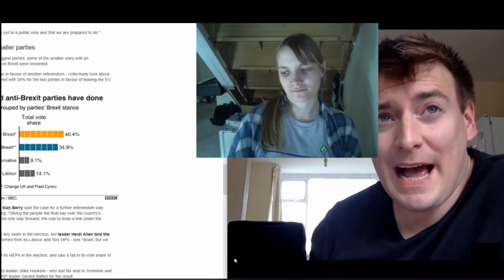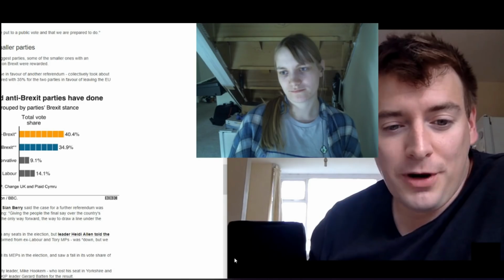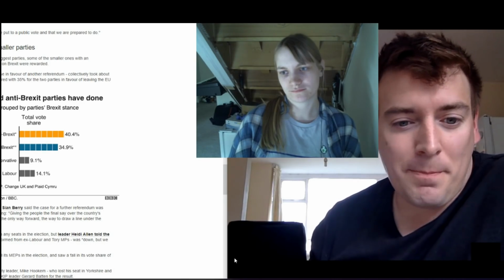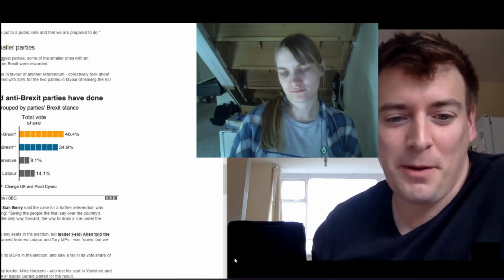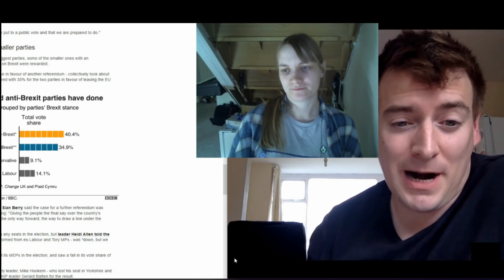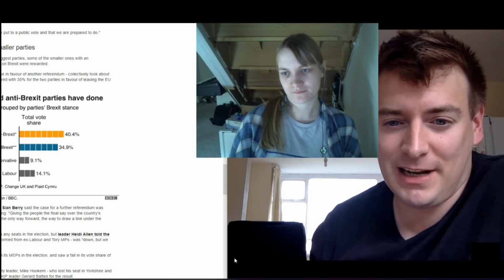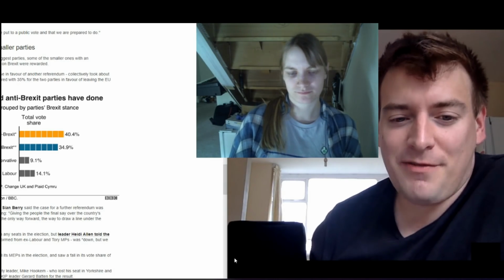So it could be that there's a lot more Brexiteers in the country who would have voted for a pro-Brexit party, but they didn't want to vote for the Brexit Party because they want Brexit but they don't want a no-deal Brexit. So reading from these results to a general election is a very, very difficult task.